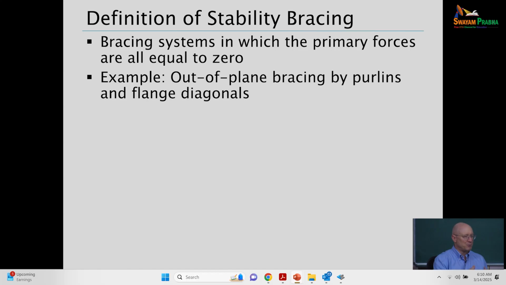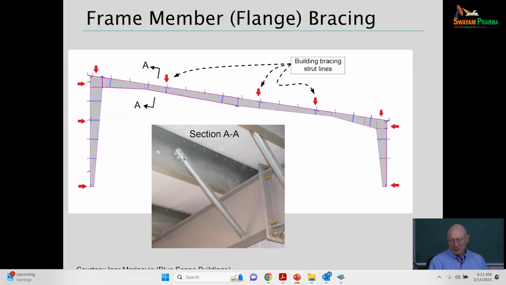We do the analysis of the frame as just a planar structural analysis, so we're not really doing anything in that analysis to calculate forces in the bracing members. And here's a graphical illustration on a representative metal building frame. So you can see these various locations where we have girts and purlins. They're attached to the outside flanges.